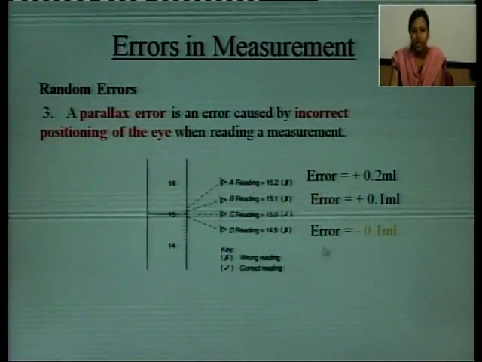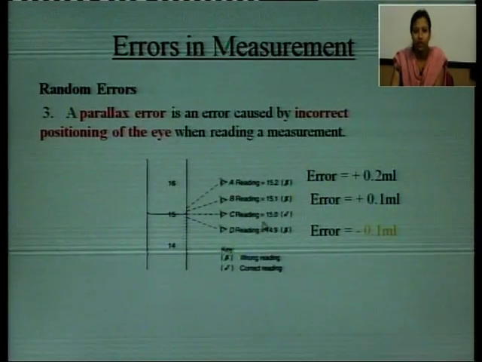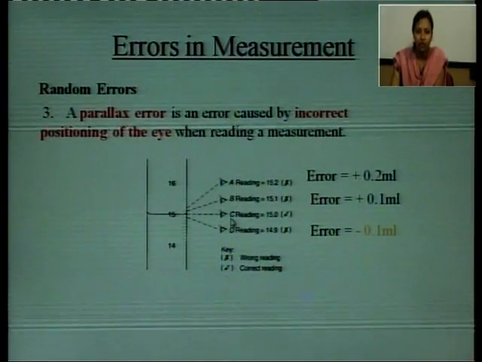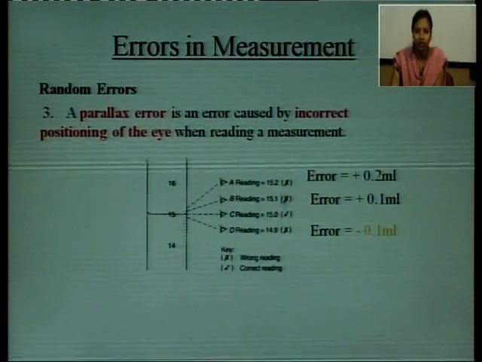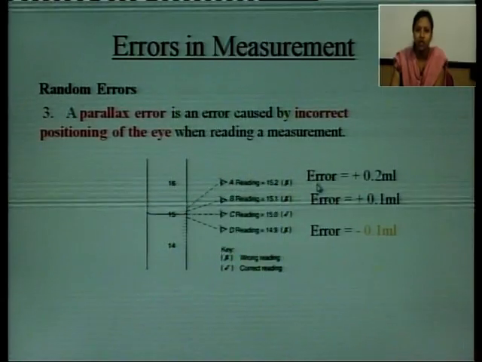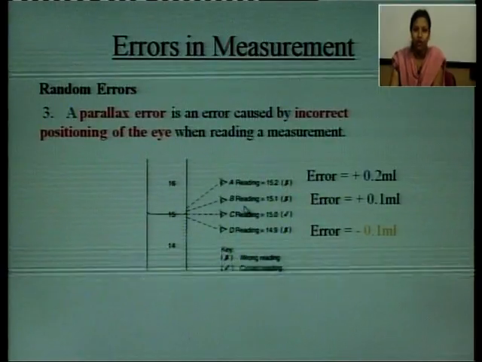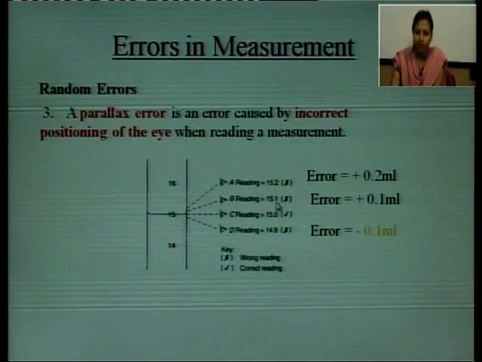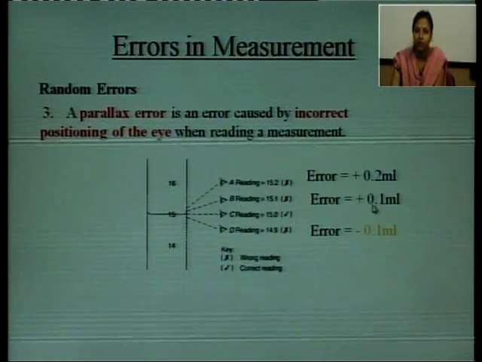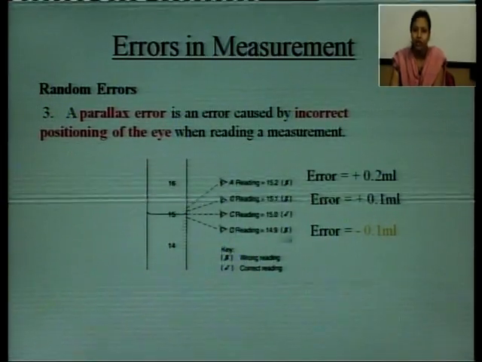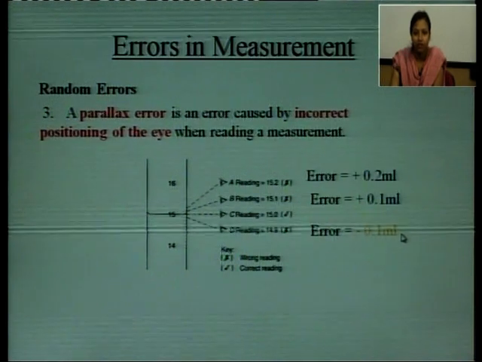We can easily find the error: at point A the value is 15.2, while the accurate value is 15. The difference of these two is the error. So the error is 0.2 ml, at point B it is 15.1 minus 15.0, which is 0.1 ml, and at point D it is minus 0.1 ml.